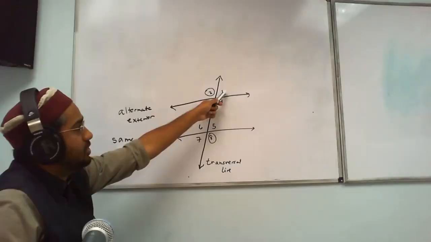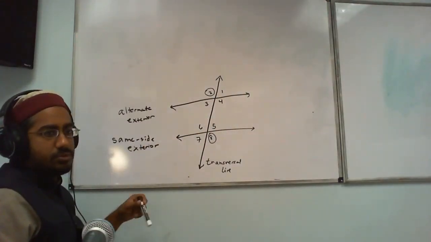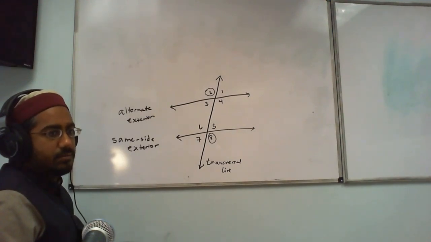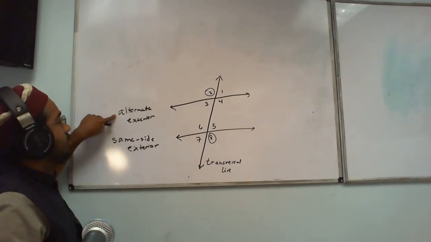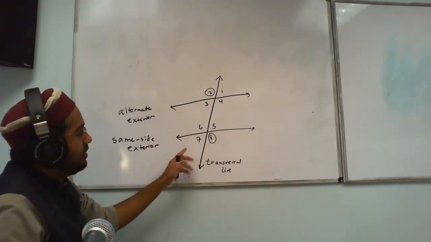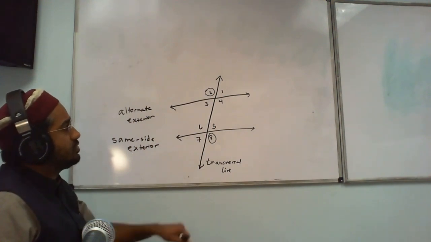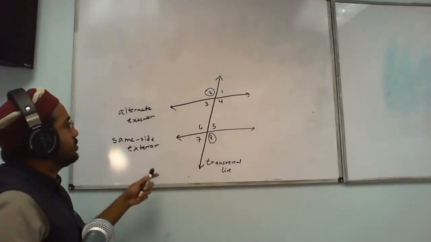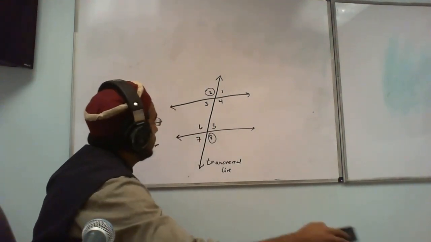I want two angles that are same side exterior. So 1 and 7 would be alternate, because 1 and 7 are on opposite sides, right and left of this transversal line. So 1 and 8. Okay, so 1 and 8 would be same side exterior angles.